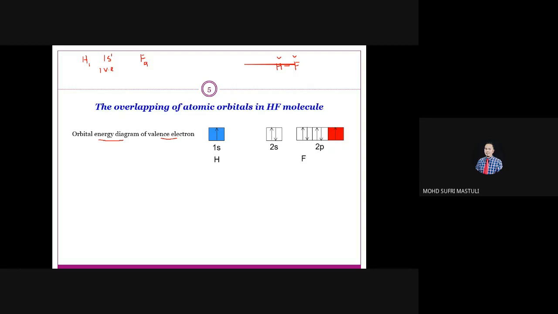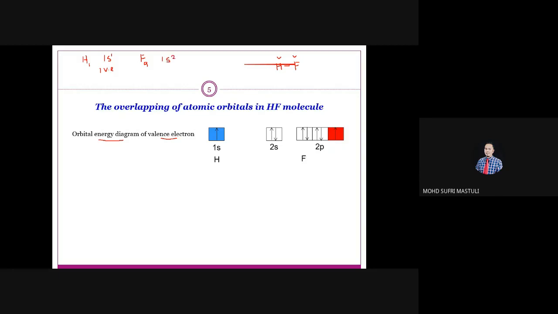You have to check the periodic table. In every test, quiz or exam, the periodic table will be given, so you don't need to worry. You just check the periodic table, and you know the total number of electrons for the atom.